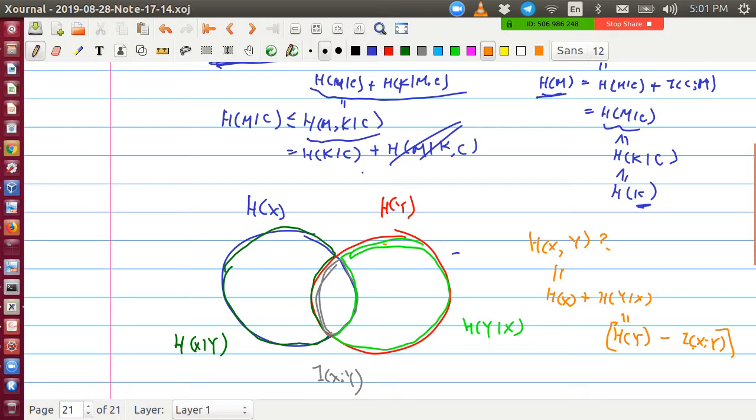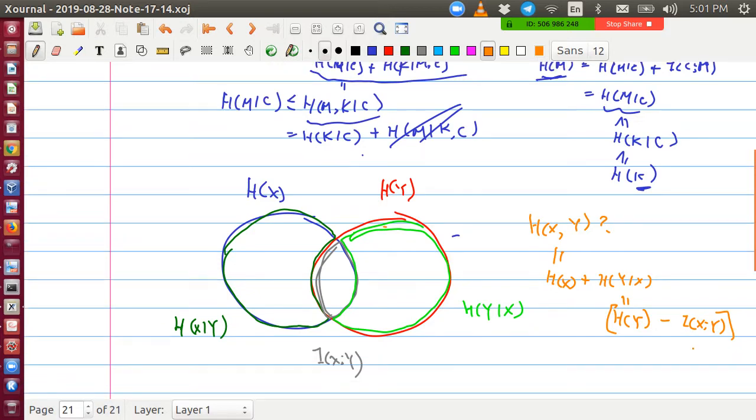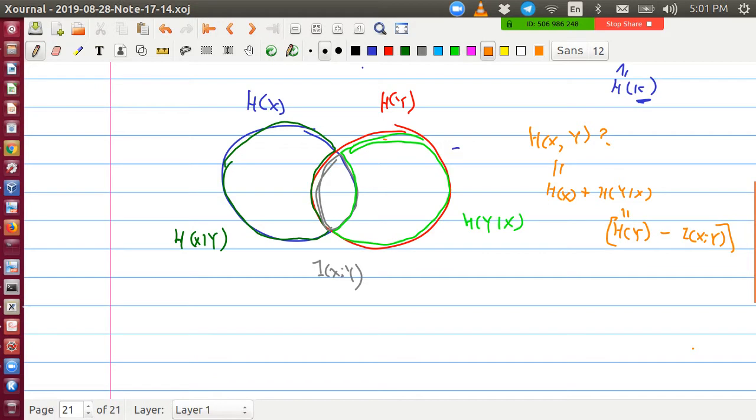And of course you can add more, add a third variable here. Let's say I put a Z here, and this circle is H(Z). Then you can define, for example, what's this part here?